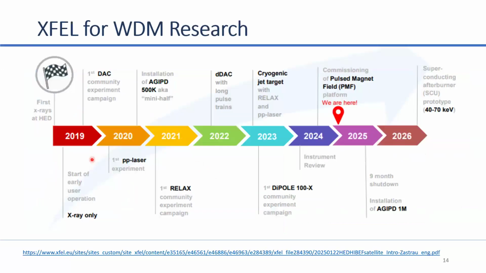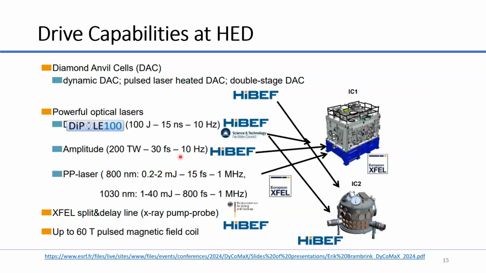In the European synchrotron, we basically have two different lasers, the ReLaX and the DiPOLE laser, which are able to achieve this kind of compression for high density and warm dense studies.